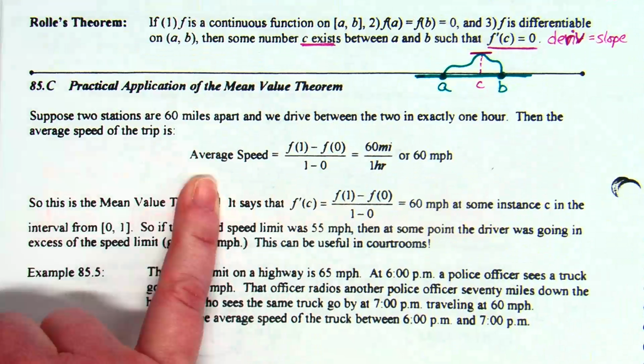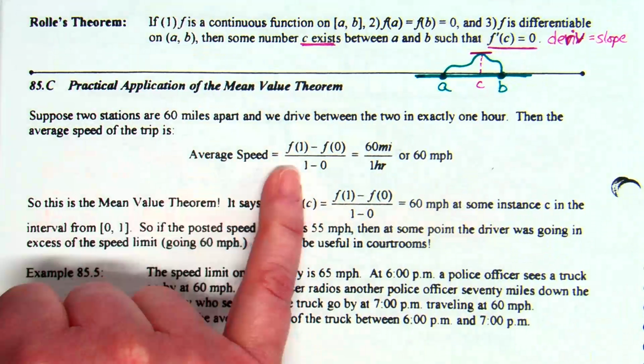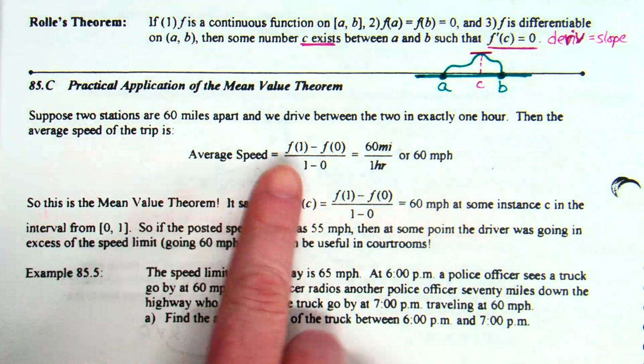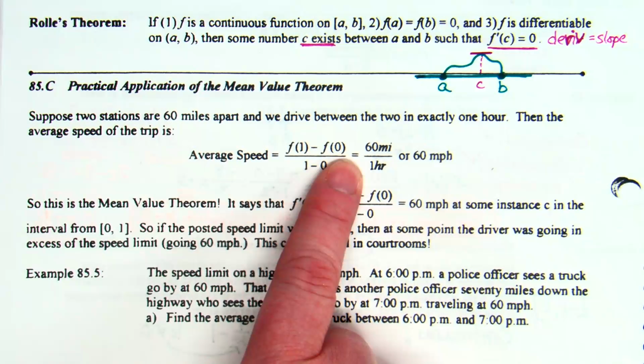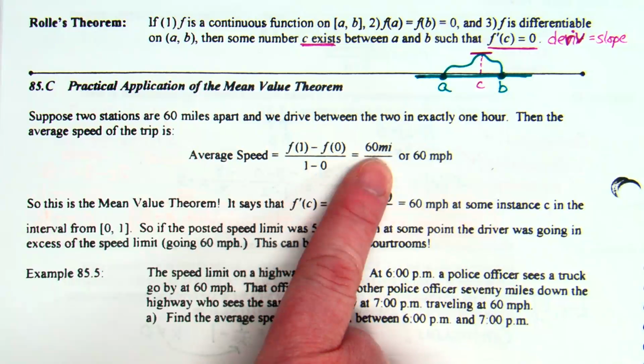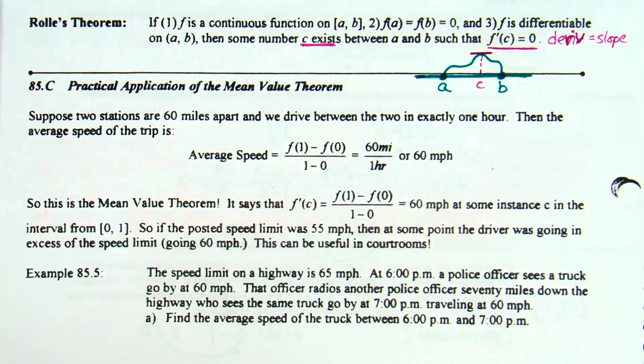So the average speed is the idea of your location at 1 hour minus your location at 0 hours, right? So how far did you drive? Which was 60 miles over 1 minus 0. 60 miles divided by 1 hour is 60 miles per hour. So that is your average speed.